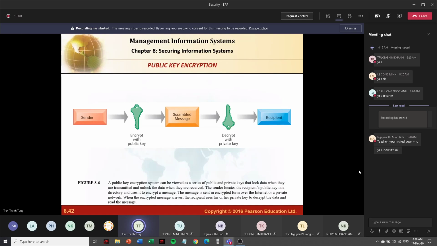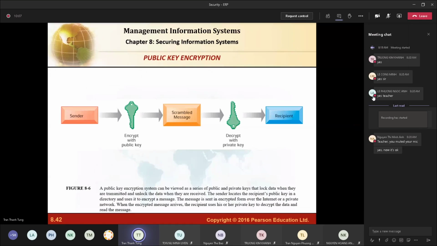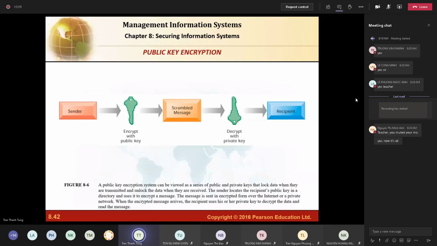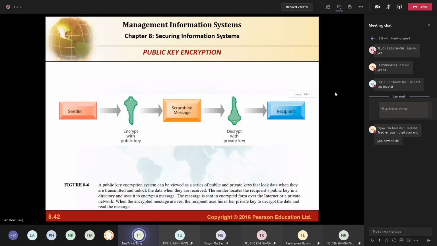Now we are working on the security of the information system. The idea is that when we move to a digital information system in general, it's very important to protect our data, our access, and the network.